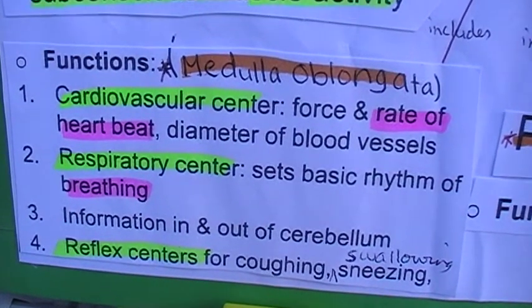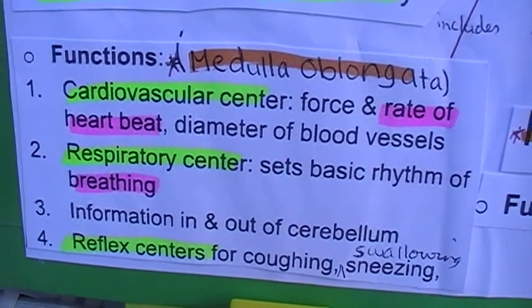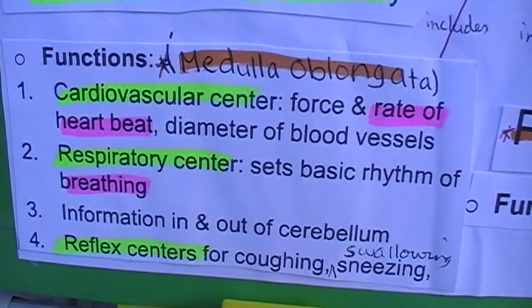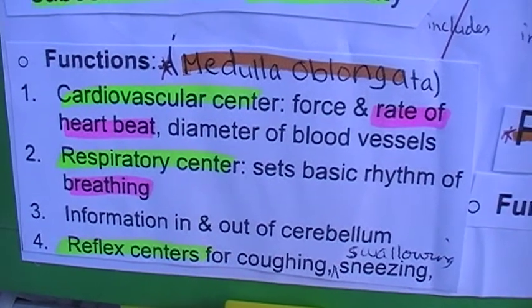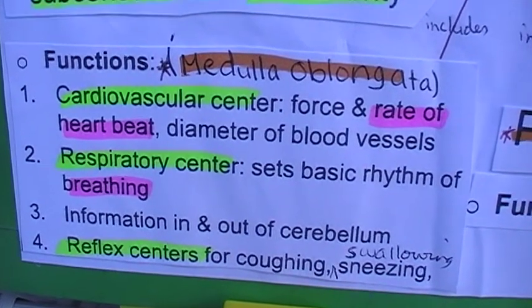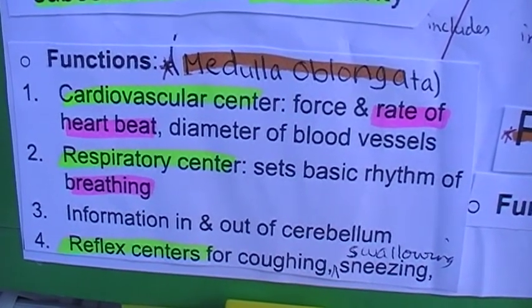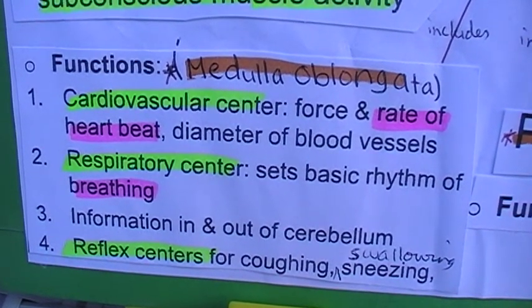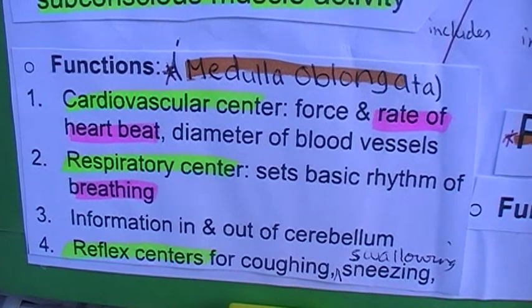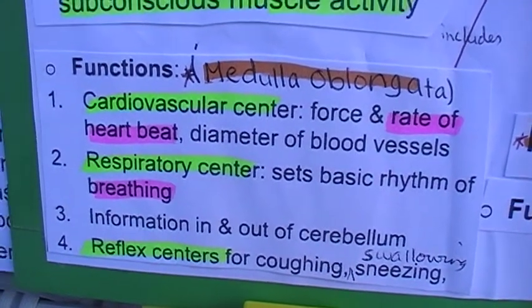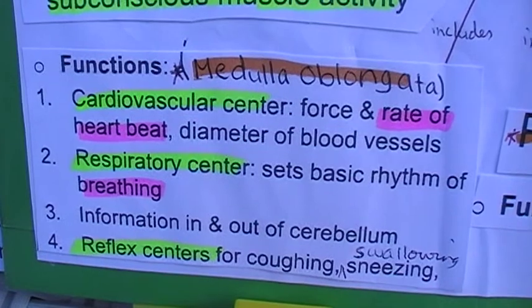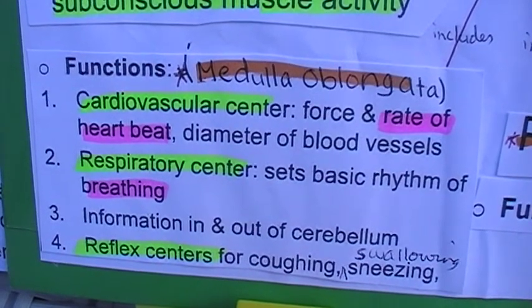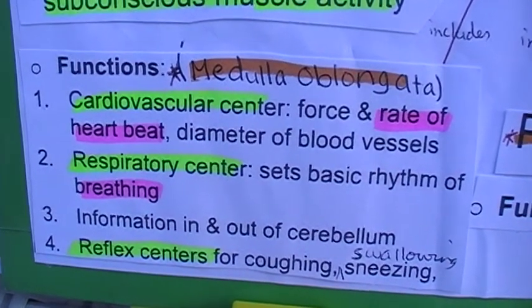It also controls information in and out of the cerebellum. The medulla oblongata you could say is CRRI.